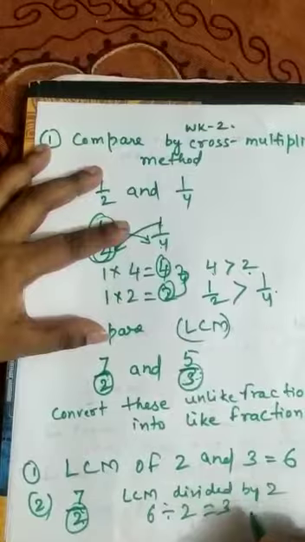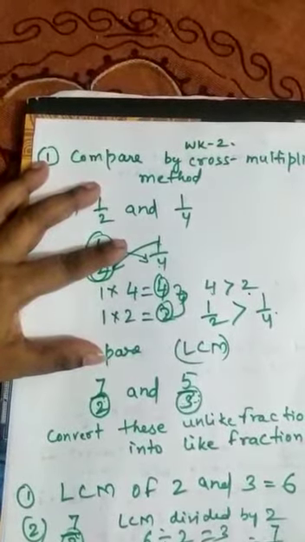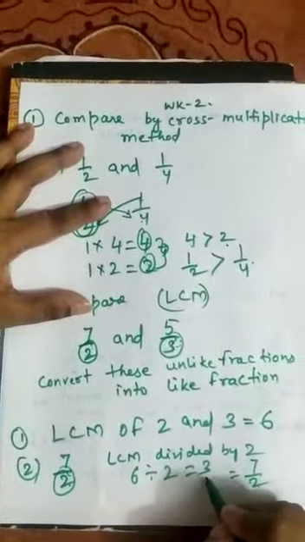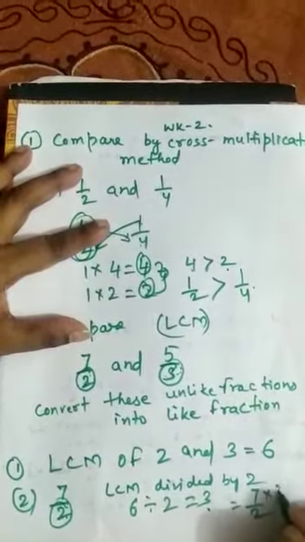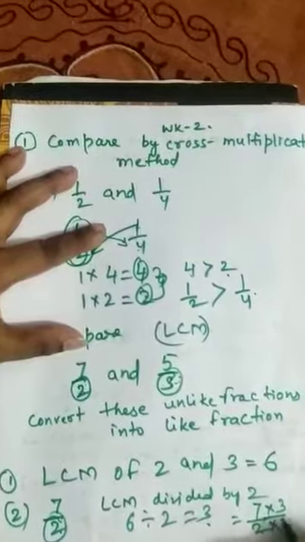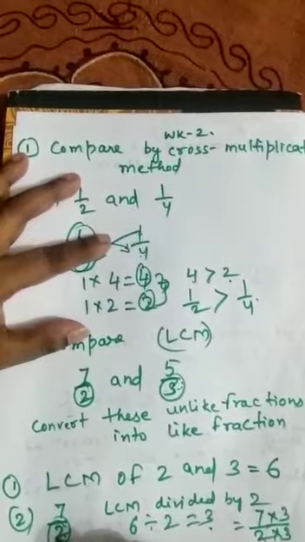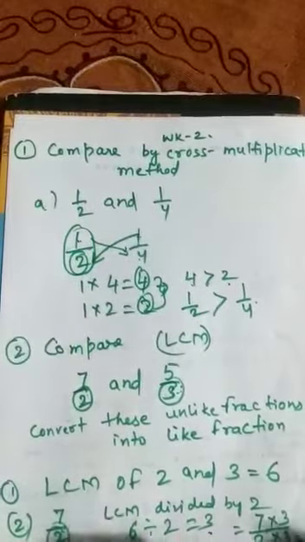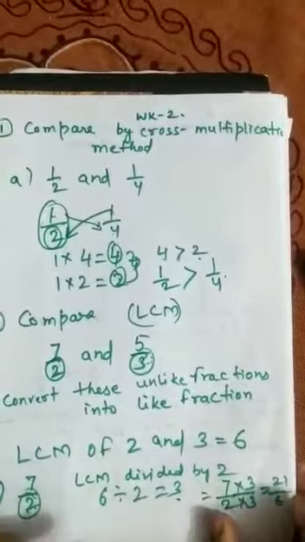Now the numerator and denominator of this fractional number 7 by 2 will be multiplied by this quotient 3. So 7 will be multiplied by 3 and 2 will be multiplied by 3. 7 3s are 21, 2 3s are 6, right?